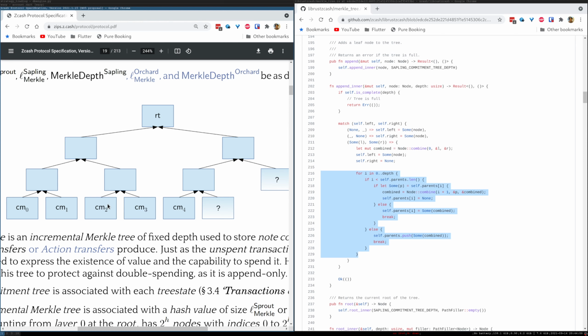And again, the API would be the same. The API would be append. So it will also be only limited to this function append, but of course it will be a bit different.